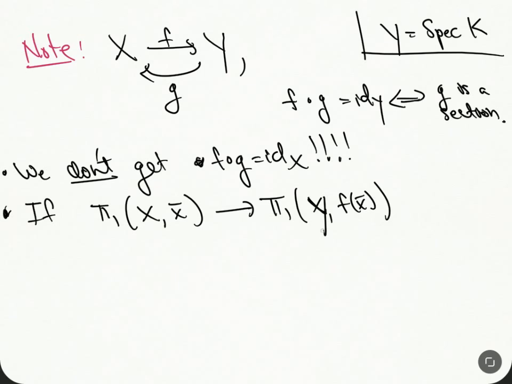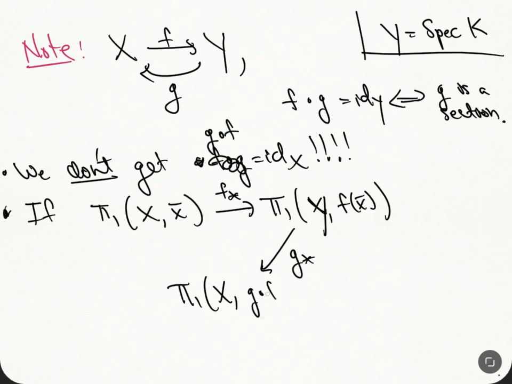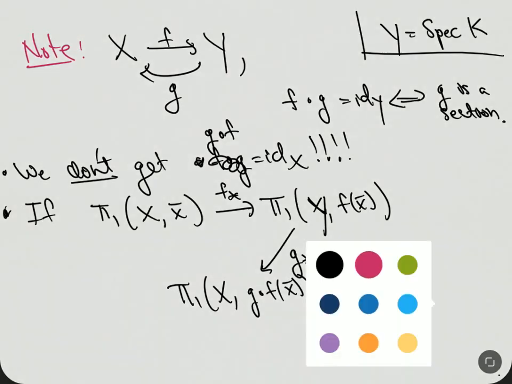Now if we go back, this is the pushforward map, and this is the other pushforward map, which goes from pi 1 of X to pi 1 of X, g composed with f of x bar. And these two are not the same.